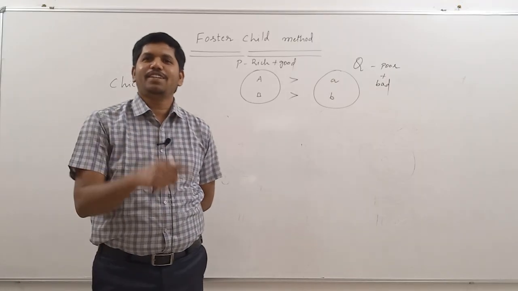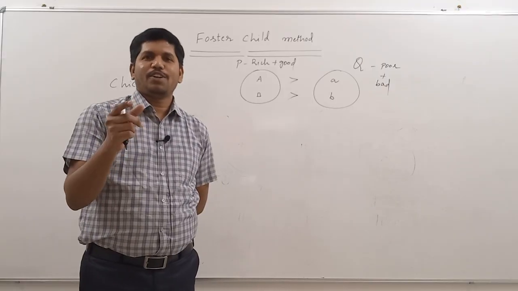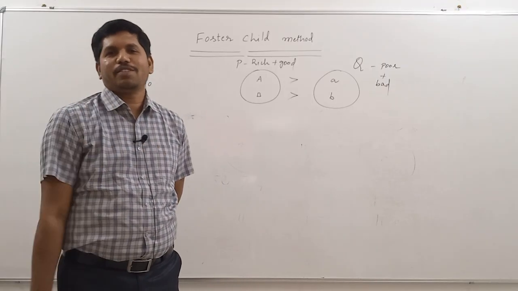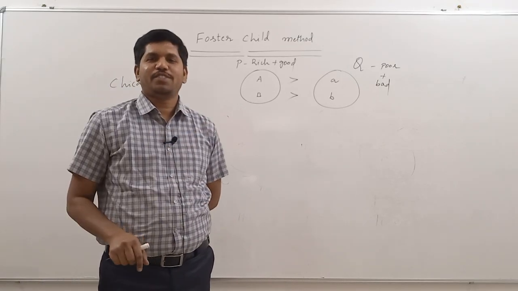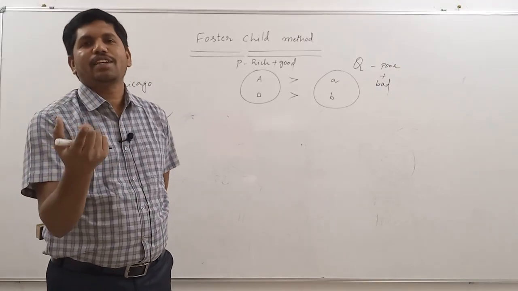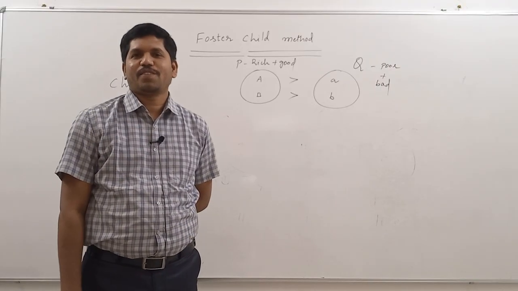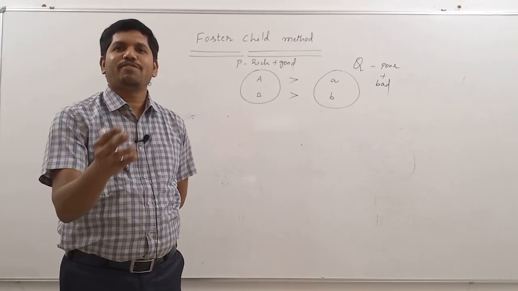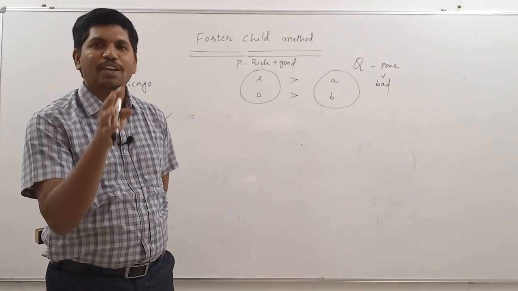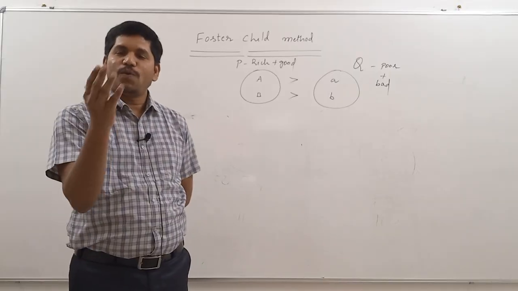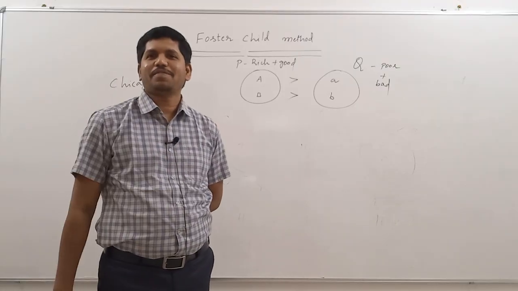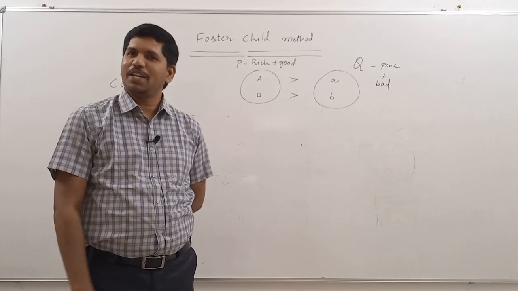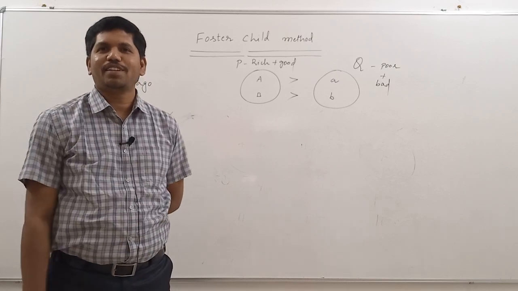Now here the question is, if a character is controlled by both genes and environment, how much of that character is because of genes and how much of that character is because of environment? What is the percentage of influence of genes in the development of a particular character? What is the percentage of influence of environment? Can you identify that by using this foster child method? No.